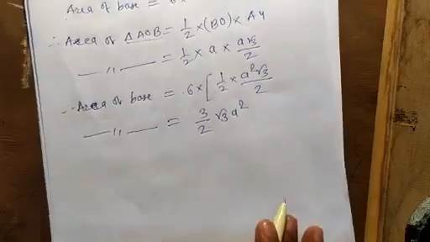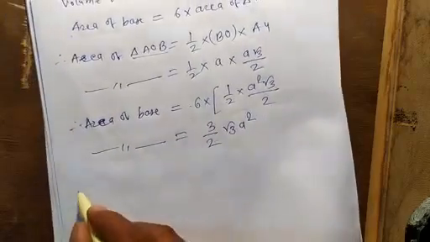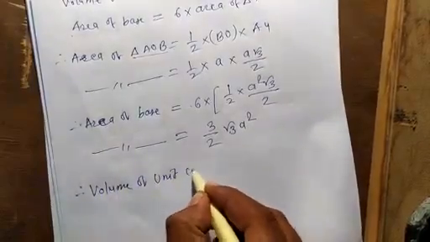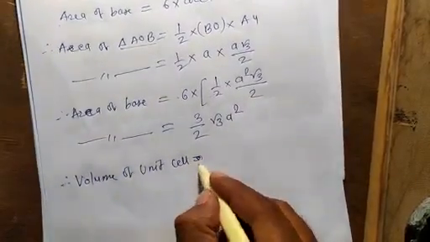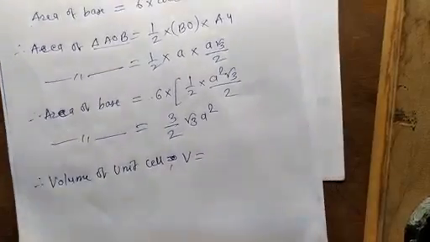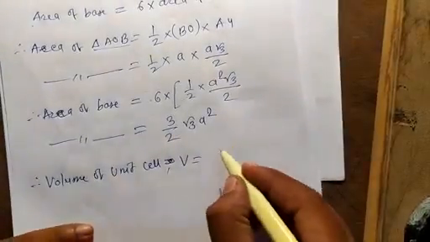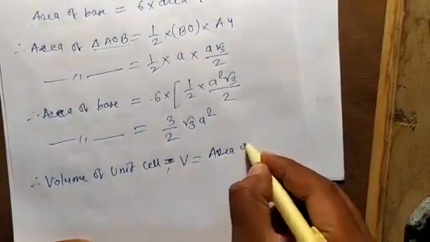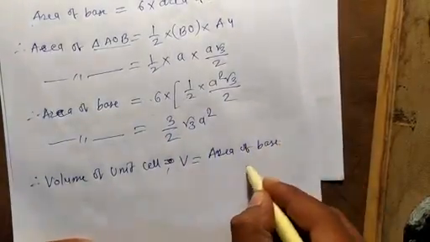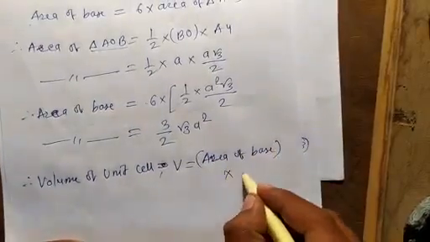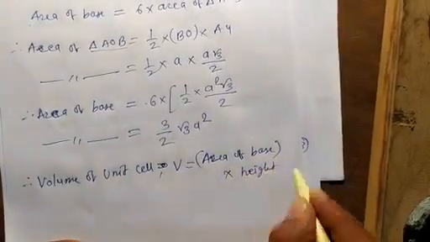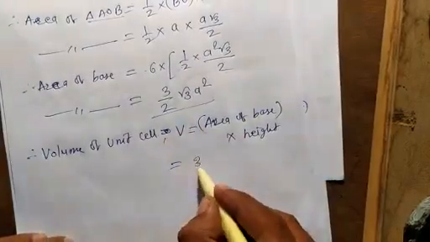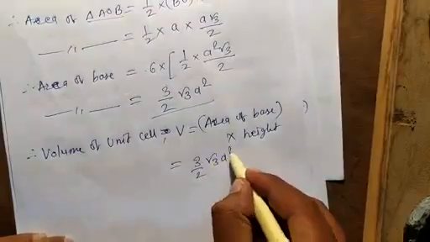Now we have to find out the volume of the unit cell. We represent the volume of the unit cell with capital V. Volume of the unit cell will be equal to area of base into height. What is the area of base? We have just calculated here, that is 3 by 2 under root 3 A square into height.